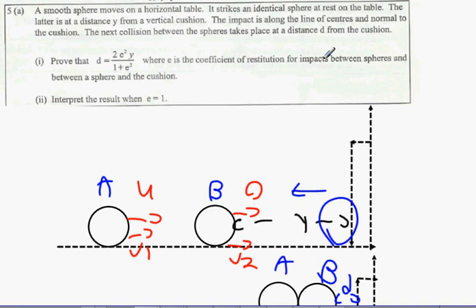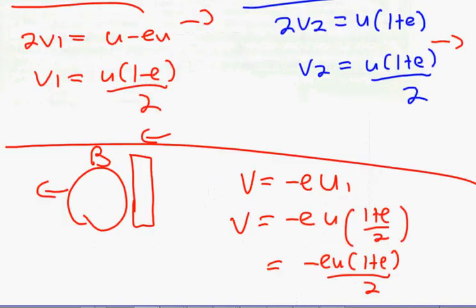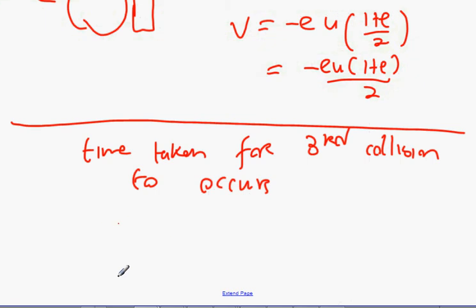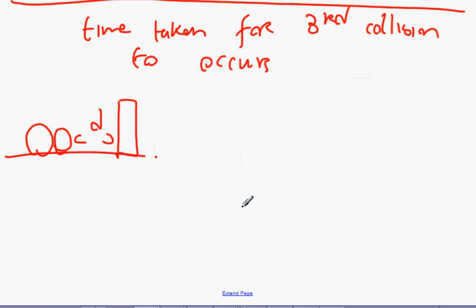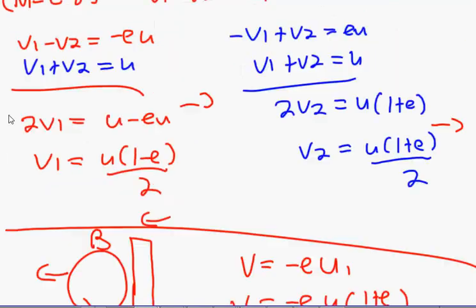Distance, yeah. So d. Drawing pictures makes it easy. Now, what we're going to do here is find the time taken for the third collision to occur. Okay? Now, what distance?